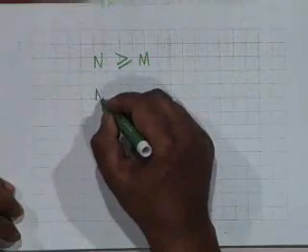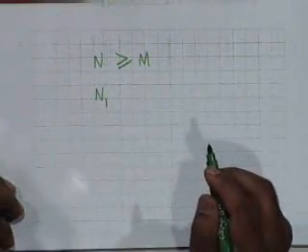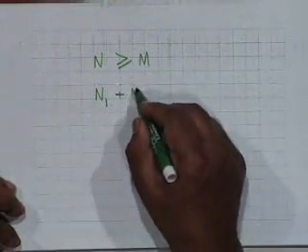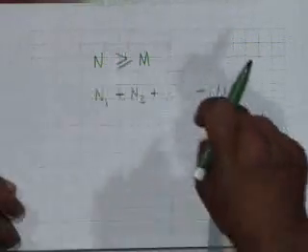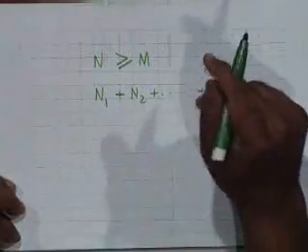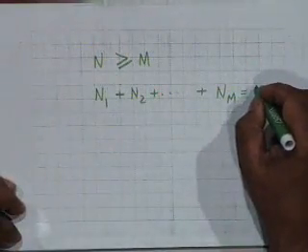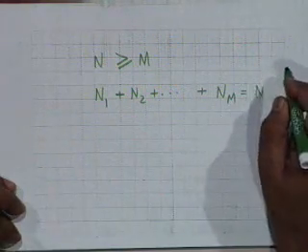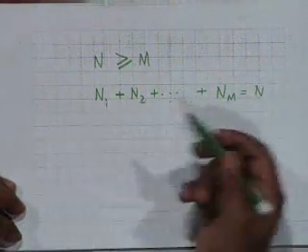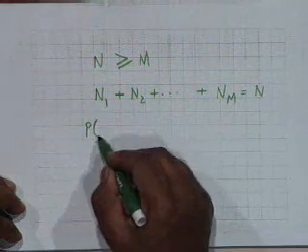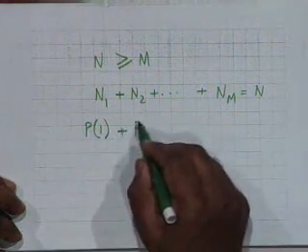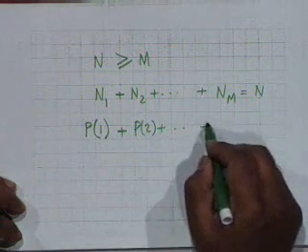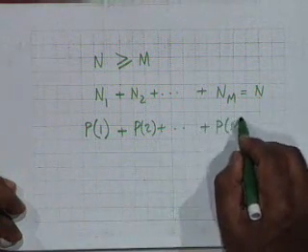Suppose the outcome 1 occurs N1 times, outcome 2 occurs N2 times, and so on, and you add all of them. The mth outcome occurs Nm times, then obviously the sum of them must be equal to N. And if you now divide by N both sides, then obviously what you get is probability of the first outcome, probability of the second outcome, and so on, plus probability of the mth outcome.